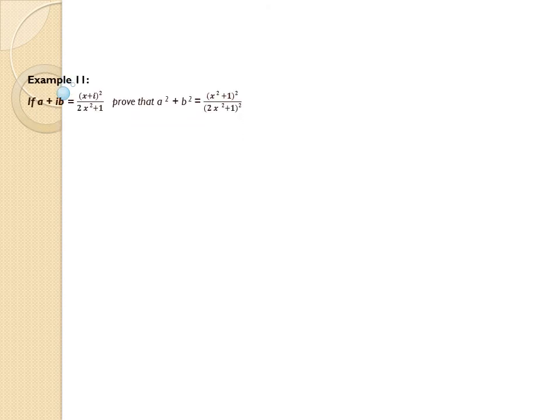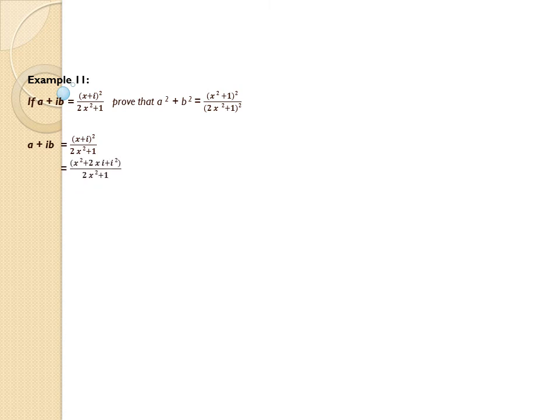If a plus ib equal to x plus i whole square divided by 2x square plus 1, then prove that a square plus b square equal to x square plus 1 whole square divided by 2x square plus 1 whole square. How to deduce this? First write a plus ib equal to x plus i whole square divided by 2x square plus 1.